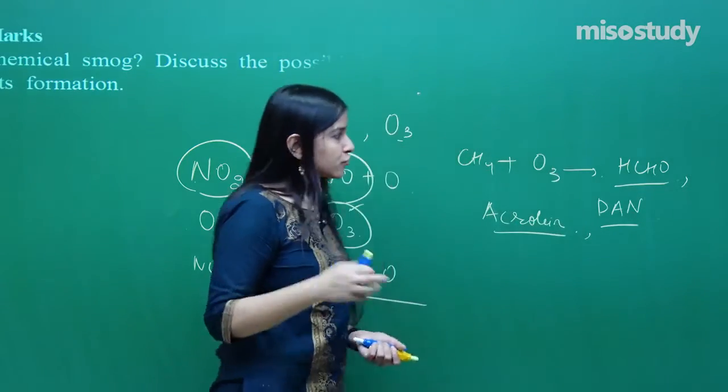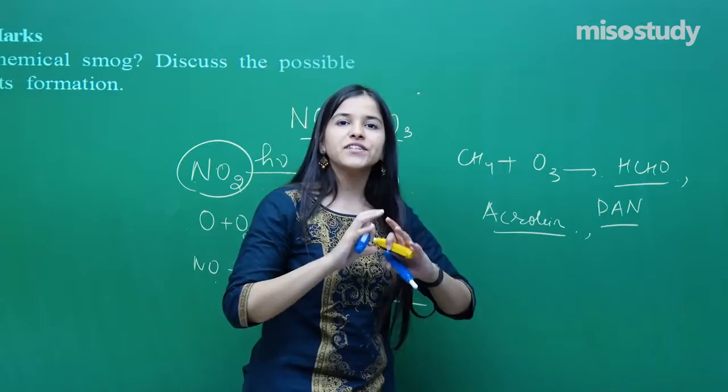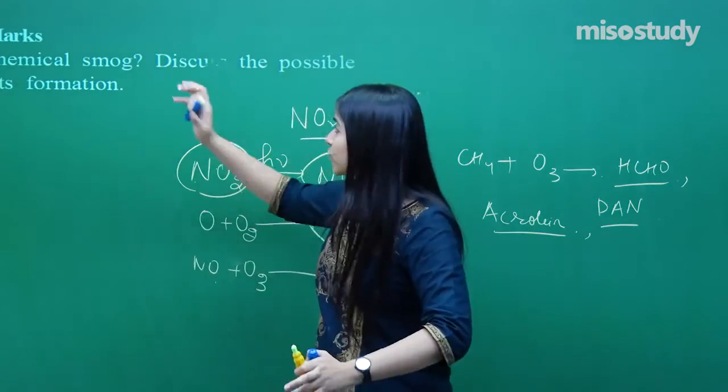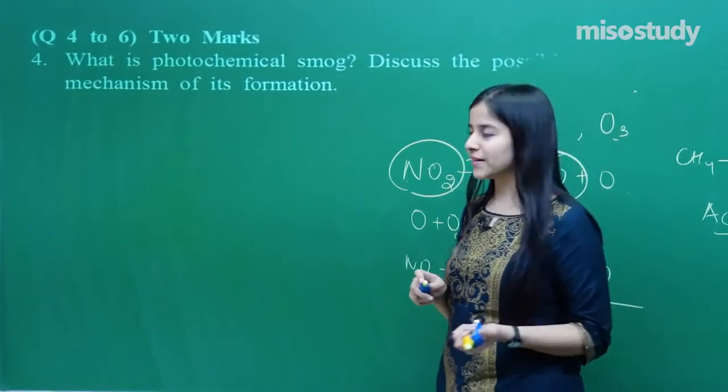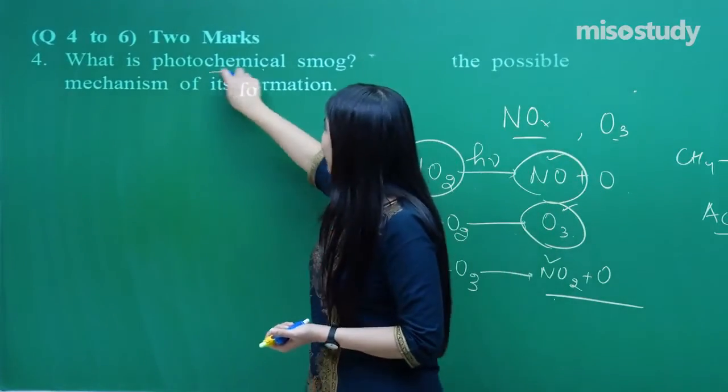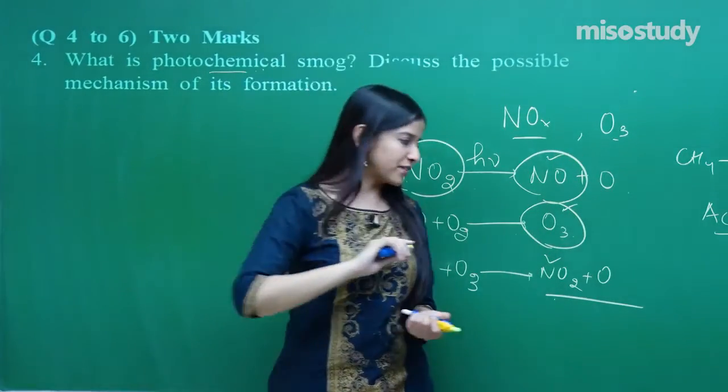Clear? So we have taken up a very general idea about it. Photochemical smog is also known as oxidizing smog, and it is formed in the presence of sunlight. You need to mention that.